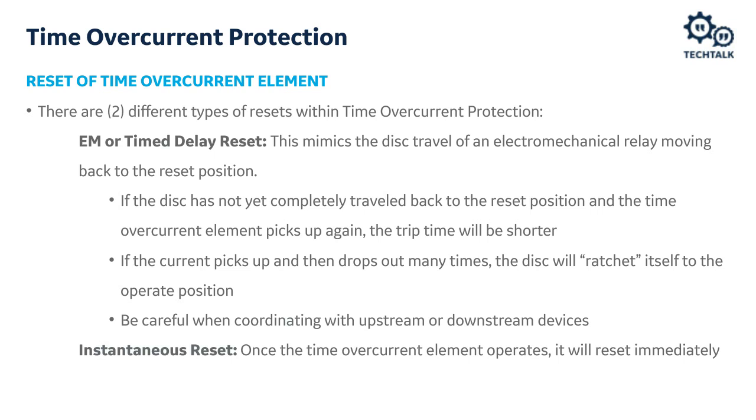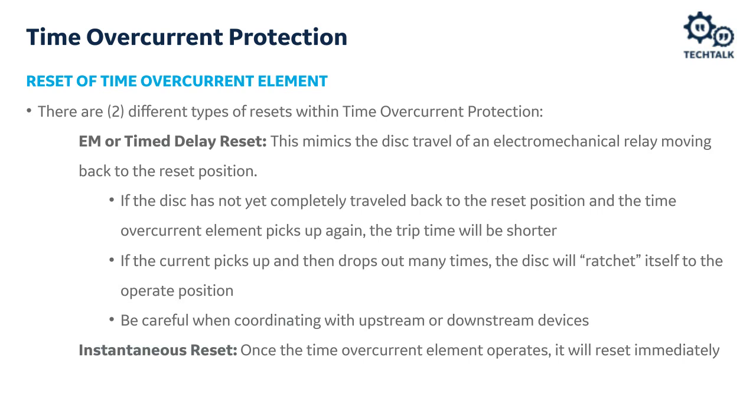And what the timed reset does is it sort of mimics the functionality of the disk in an IEC relay. So you can imagine an IEC relay, an electromechanical relay. If it sees a fault, it has a disk that turns. And if it gets close to tripping, but the downstream device trips, that disk will take some time to turn back to its reset position.